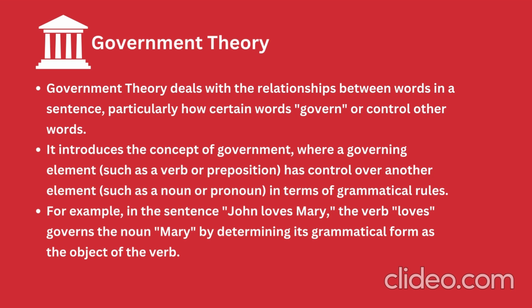So the word loves governs or controls Mary because it tells us what role she plays in the sentence. It's the same in the case of John as well. Who is doing that loving, or who is being loved? So all that is controlled, governed, decided by that word, that verb named loves.